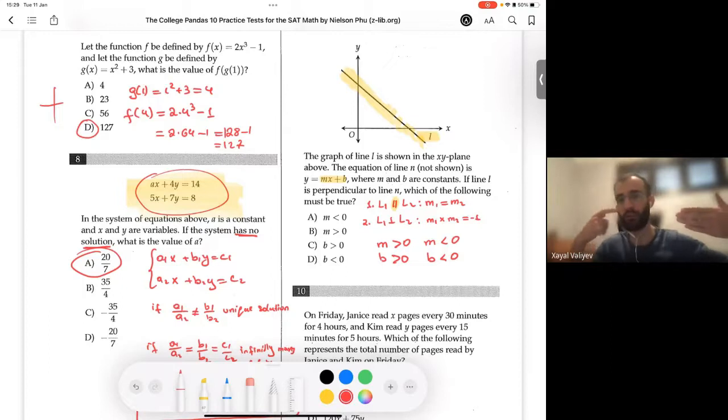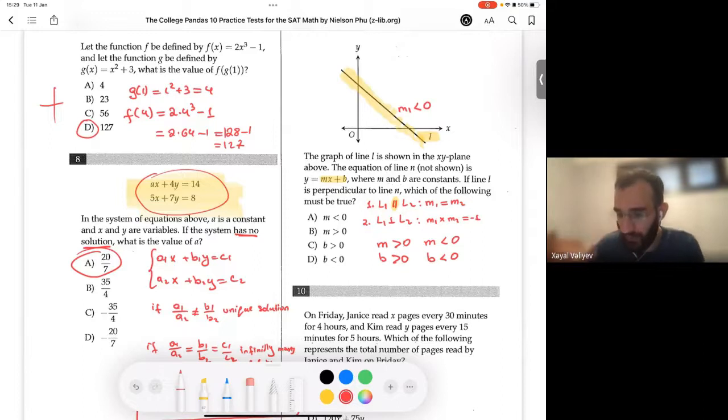Whenever you approach the graph from the left-hand side, you will see the value getting down. So let's take the slope of this L as m1, which is less than 0.